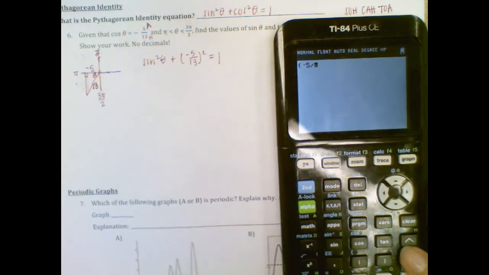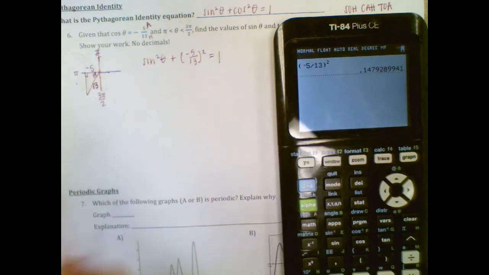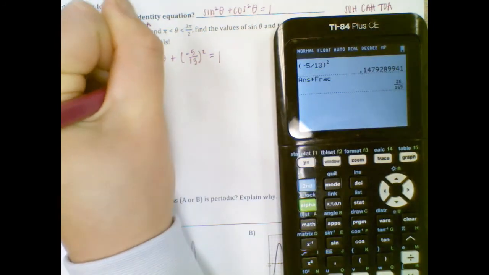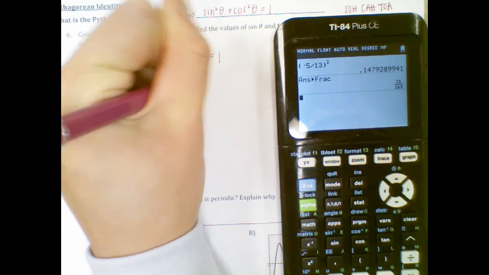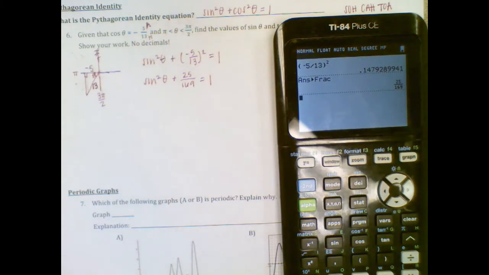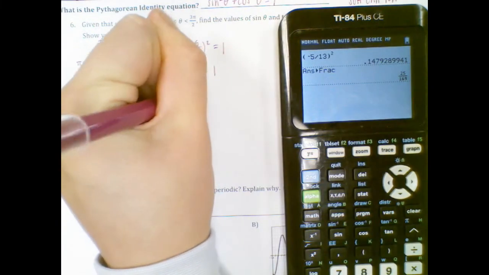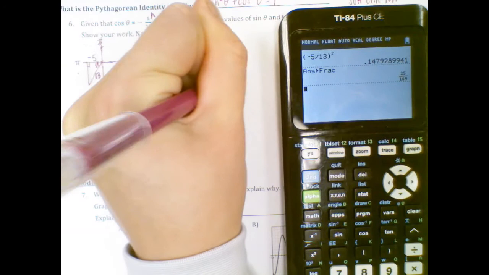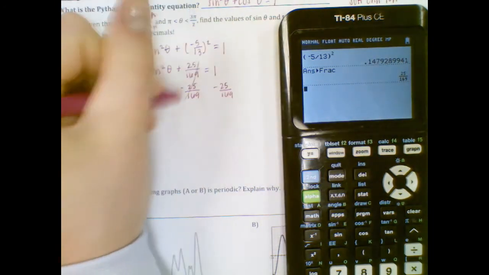Negative 5/13 squared. Oh, don't want decimals, turn it into a fraction. Sine squared theta plus 25/169 equals 1. And then I'm going to subtract 25/169 from both sides, so that cancels.